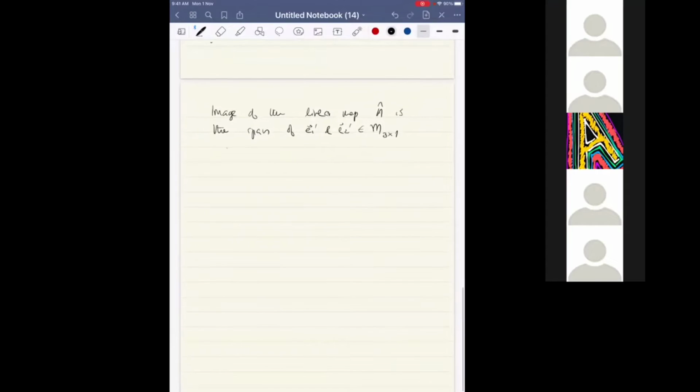So what is E1 prime? 1, 0, 0, and E2 prime is 0, 1, 0.